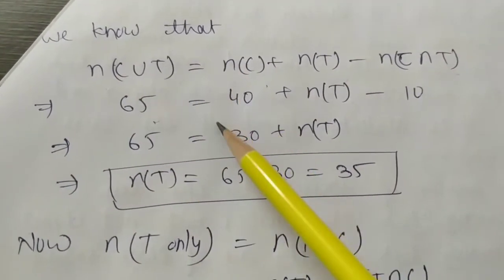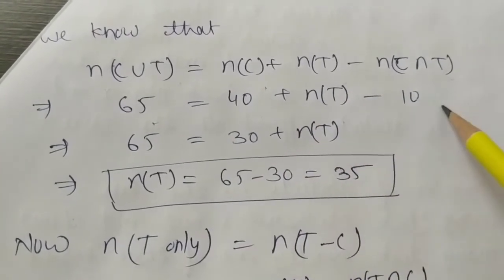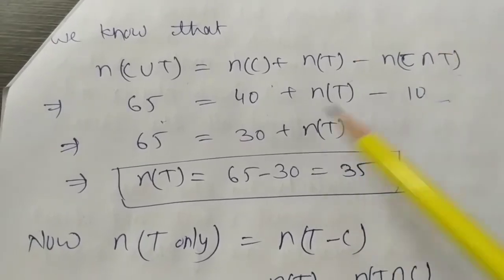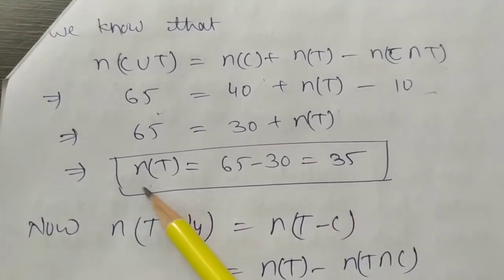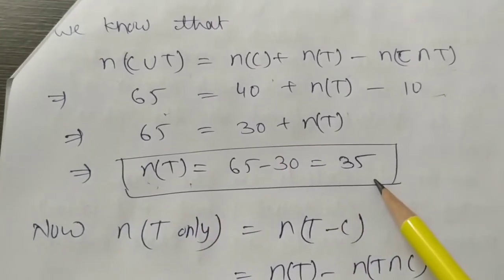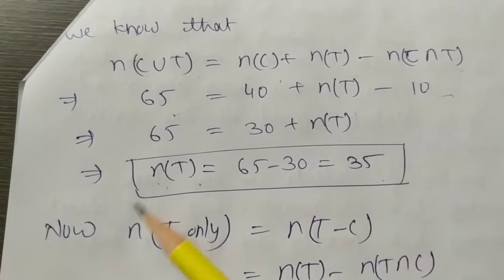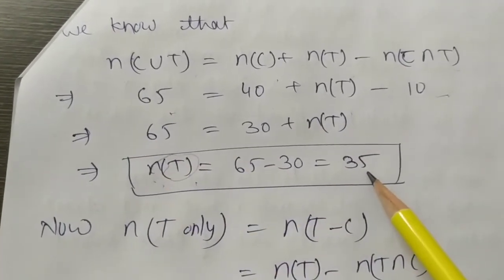This 65 is equal to 40 plus the number of people in T minus 10. By solving this, we get the number of elements in T is equal to 35. It means the total number of people who like tennis is 35.